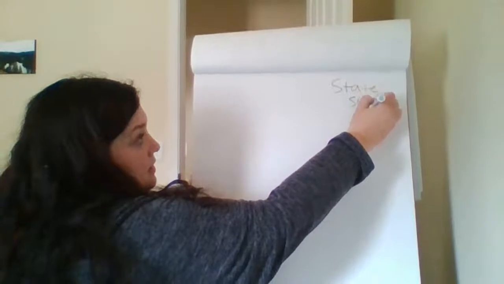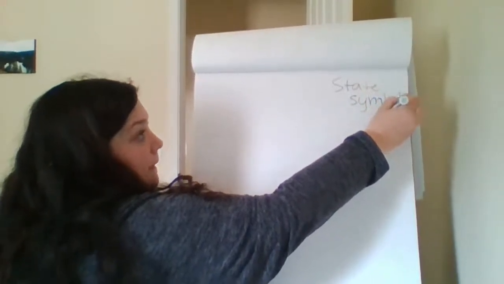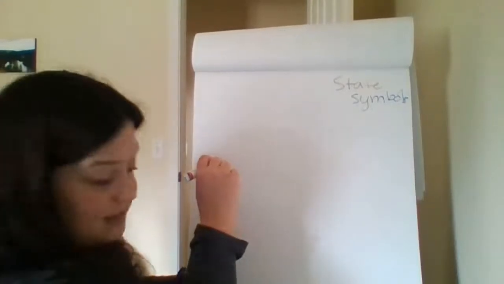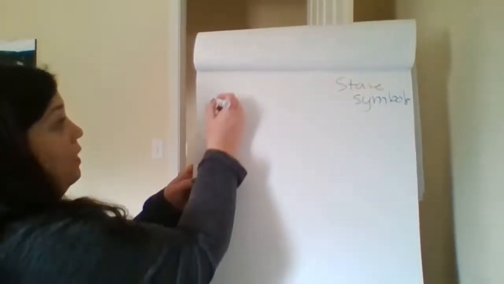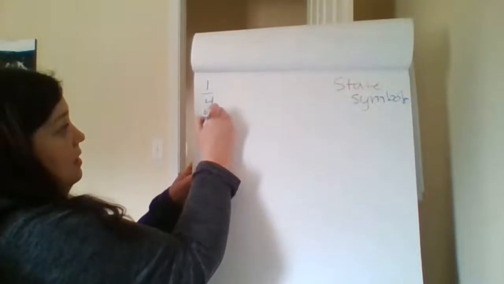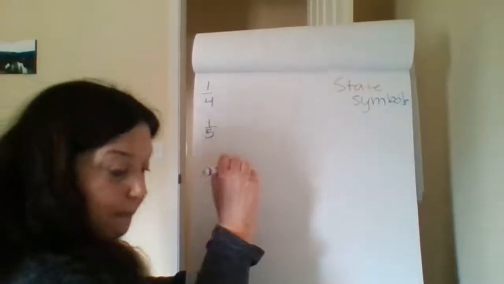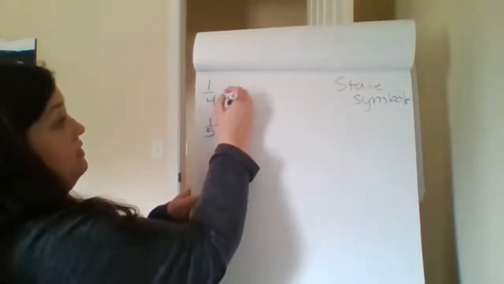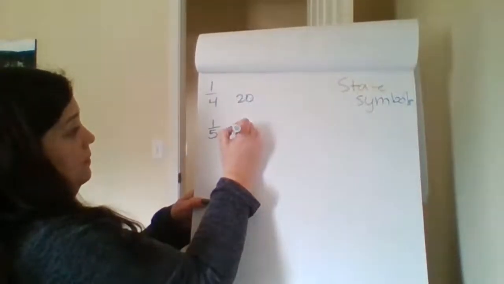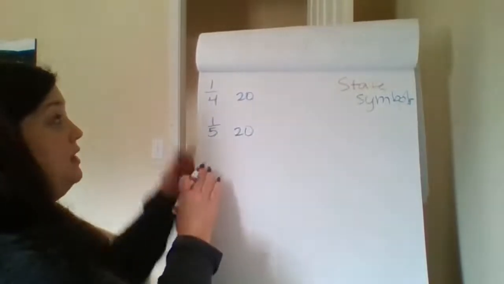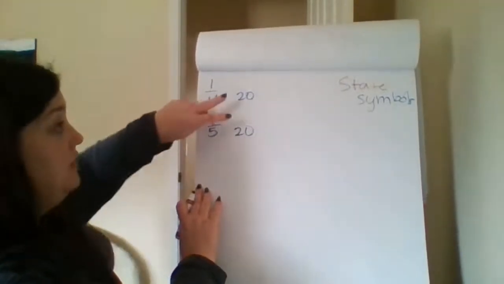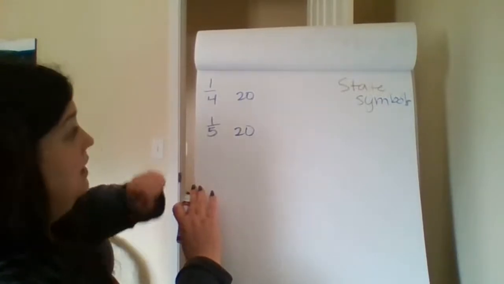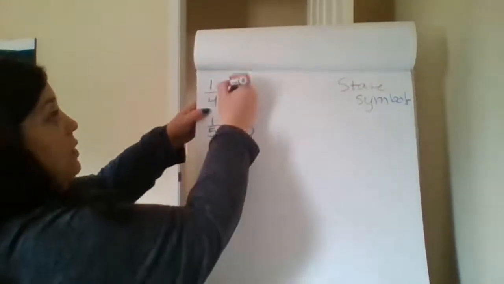State symbols. Okay, so for number 7, it asks us to write fractions equal to 1/4 and 1/5 that have denominators of 20. Okay, so we're going to rename 1/4 and 1/5 into fractions that have denominators of 20. So how are we going to do that?